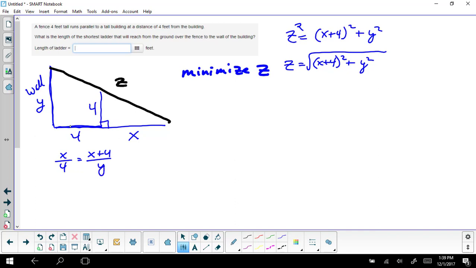That is just a similarity relationship between the 2 triangles right there. And if I solve this for y, I get y equals 4 times (x plus 4) all over x. And I can plug that in for y into this equation for z.